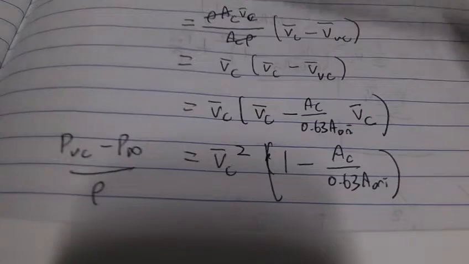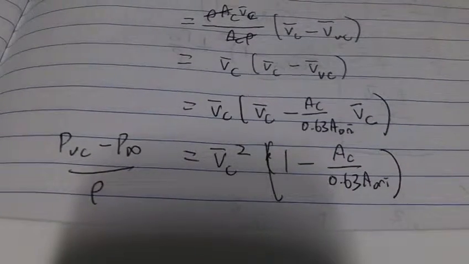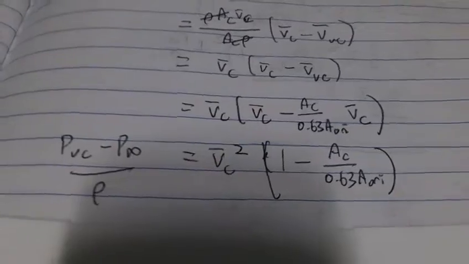Alright, in this video we want to continue the analysis, and in the last video we actually derived this equation for the pressure drop across the orifice, or rather across this little red box here, this control volume.